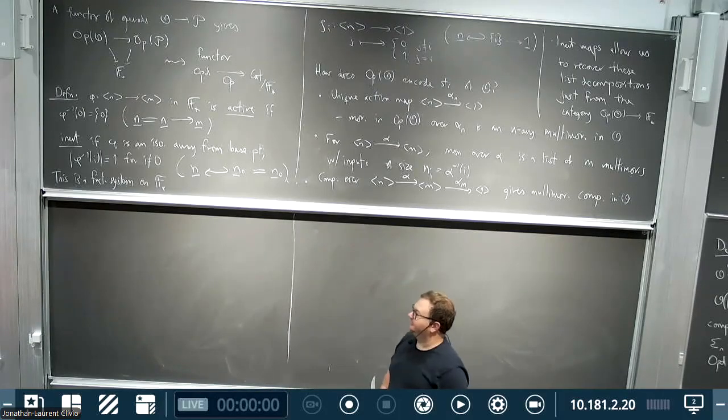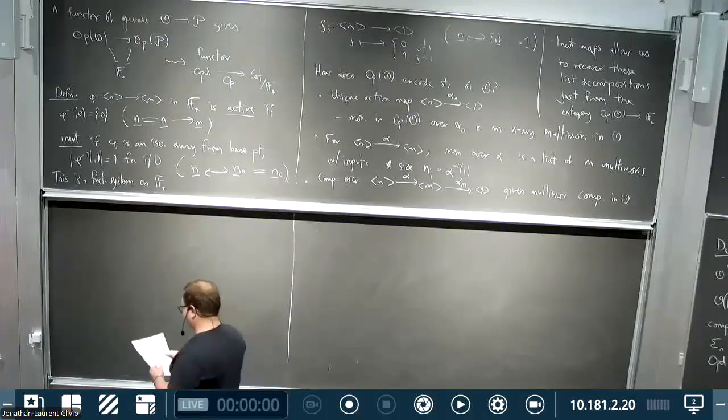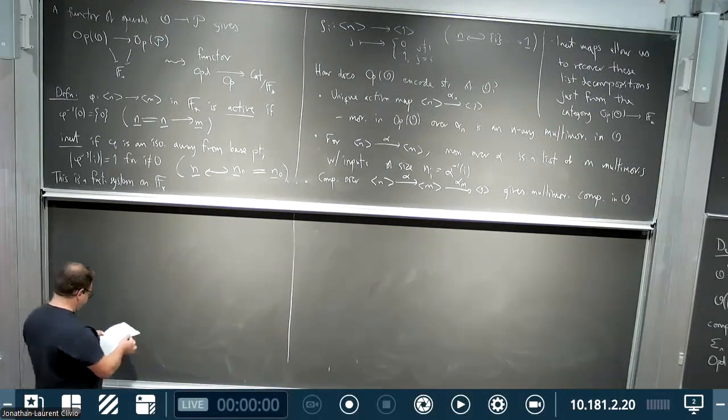So I said that we could characterize the image of this functor from operads into categories over finite pointed sets. To state that characterization, I need a little more terminology.